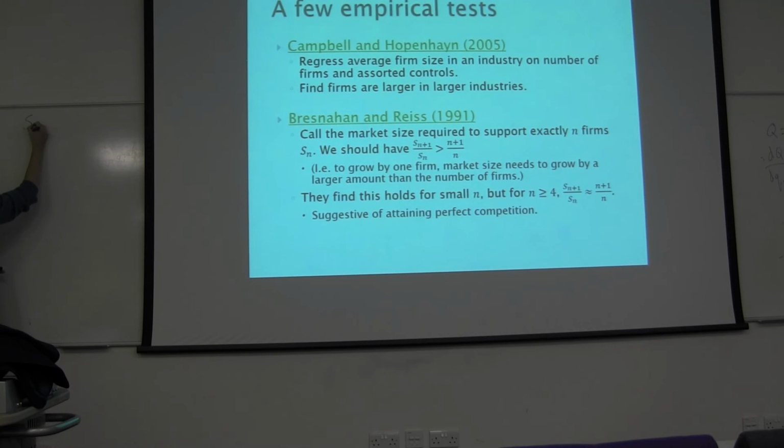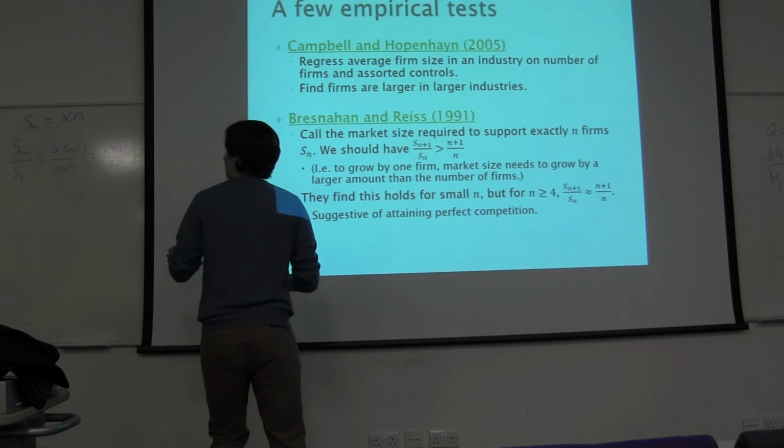Suppose the size of a market required to support n firms was alpha times n, just some constant times n. Then Sn plus 1 divided by Sn is alpha times n plus 1 divided by alpha times n, which is n plus 1 over n.